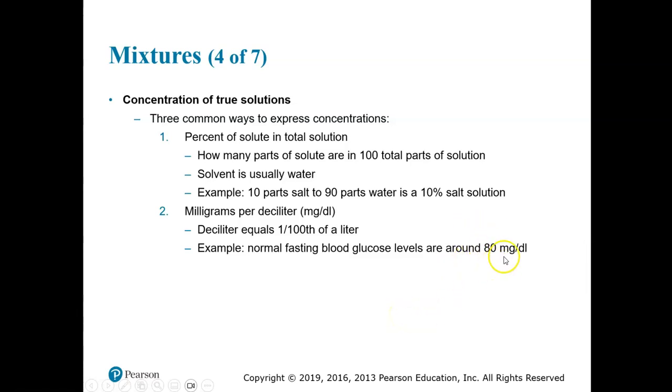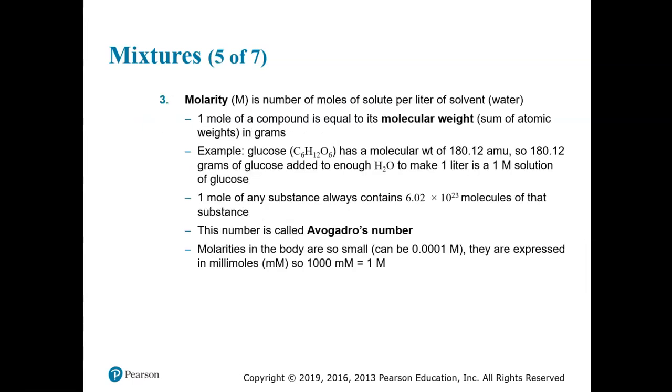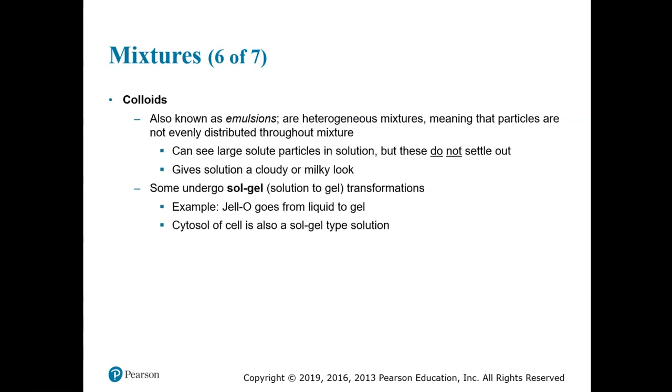Let's say you checked your blood glucose with a glucose meter, and you found that it was 80. If it reads 80, what that means is 80 milligrams of glucose per deciliter of blood. And a deciliter is 1/100th of a liter. We also use molarity, but not so much in biology.